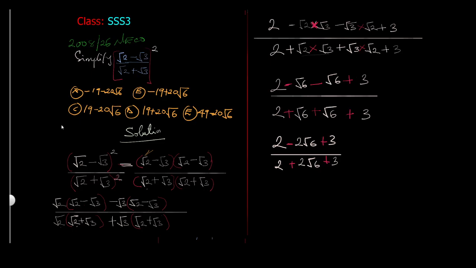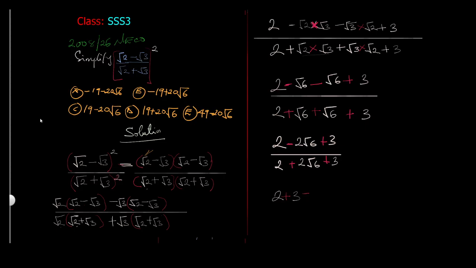We need to collect like terms from the numerator. This plus 3 is a whole number, the same as the 2, so it will move down and become, with the sign, plus 3. Minus 2 root 6 will remain.